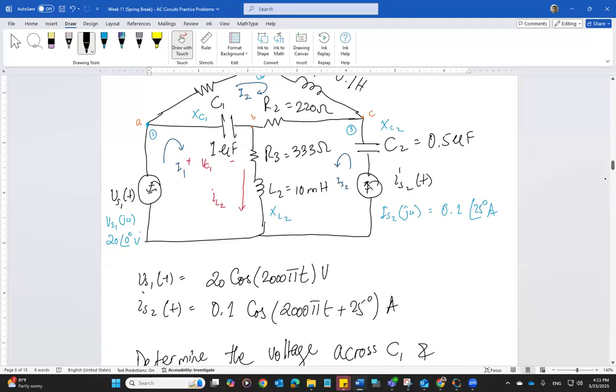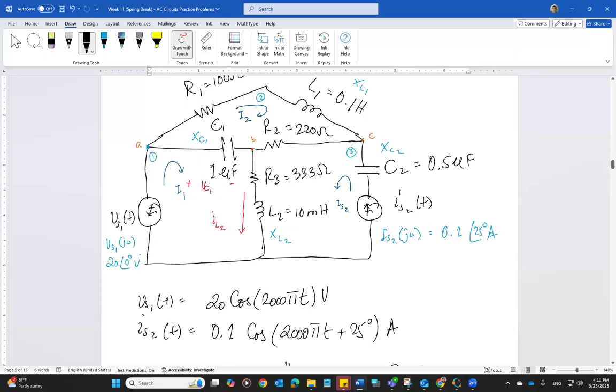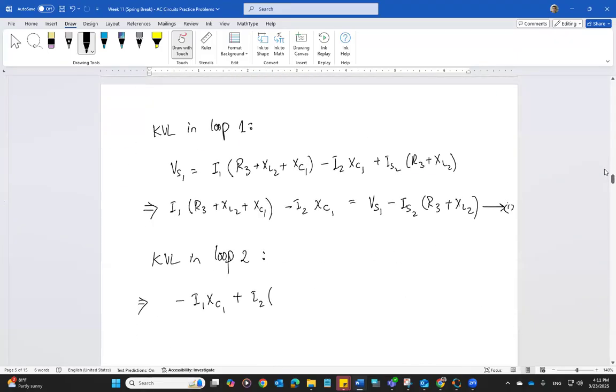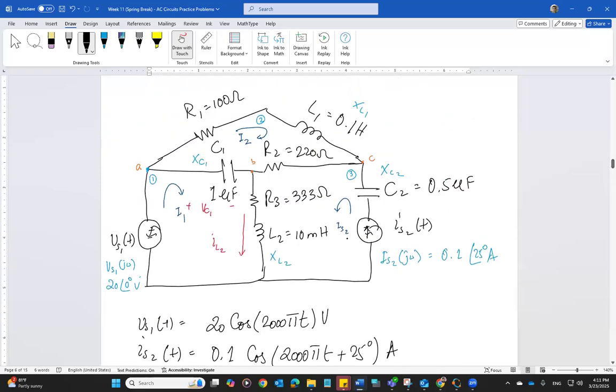I2 is passing through 4 components: R1, R2, XL1, and XC1. So R1 plus R2 plus XL1 plus XC1. And then I have the third current, IS2, which is passing through R2.